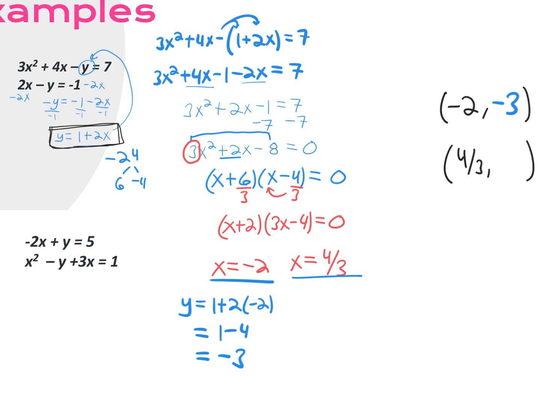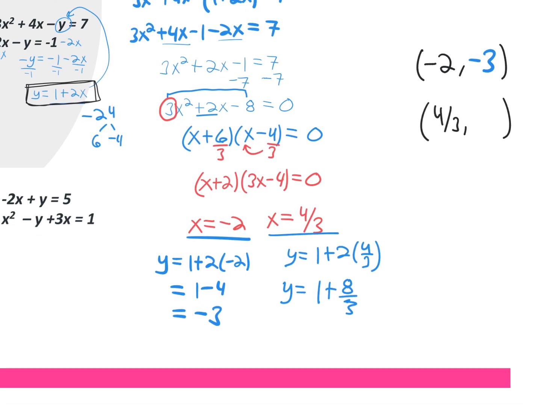And then we're going to do the exact same thing with 4/3. Right, so let's do y equals 1 plus 2 times 4/3. All right, so this is going to get you 1 plus, multiply straight across, 1 plus 8 over 3. And then how can we add those numbers?